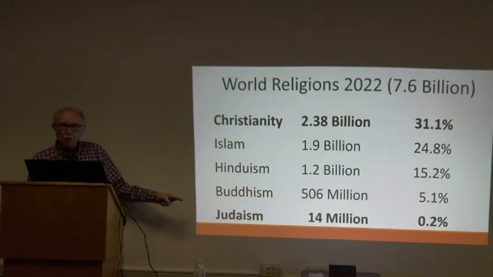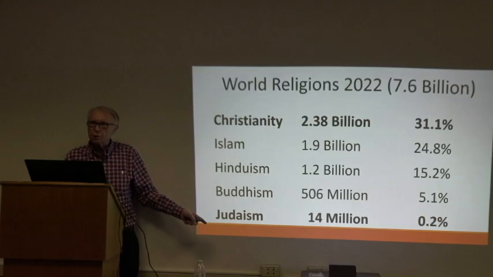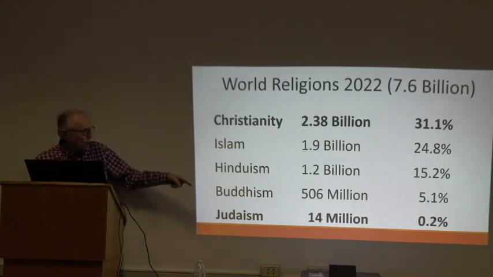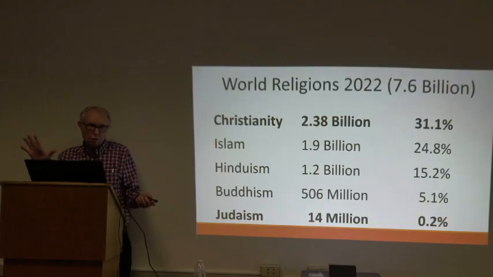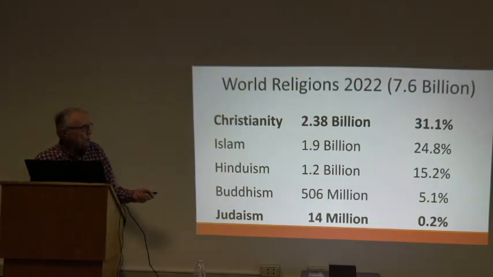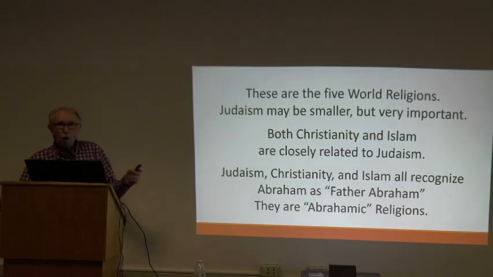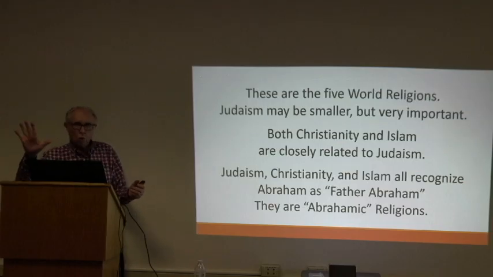But I was asked about Judaism, so I added it here. Judaism, 14 million, 0.2%. Now, that may sound very small for Judaism comparatively, but these are the 5 world religions.